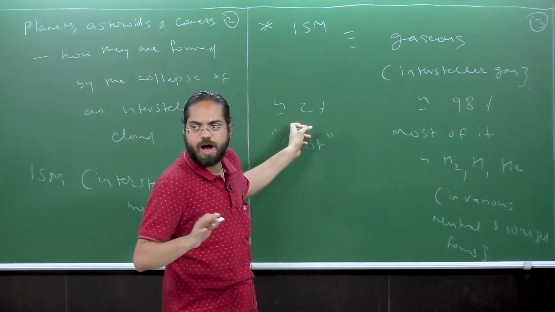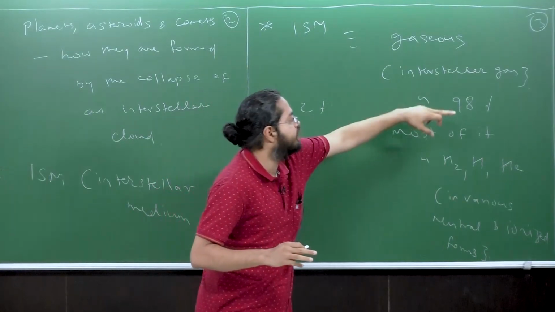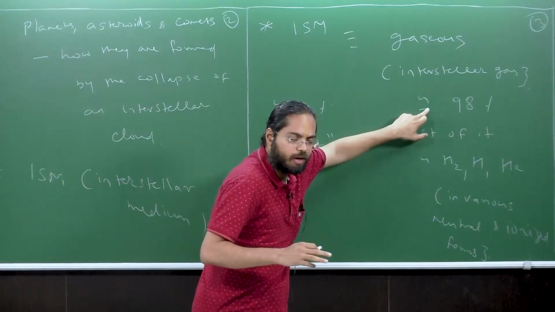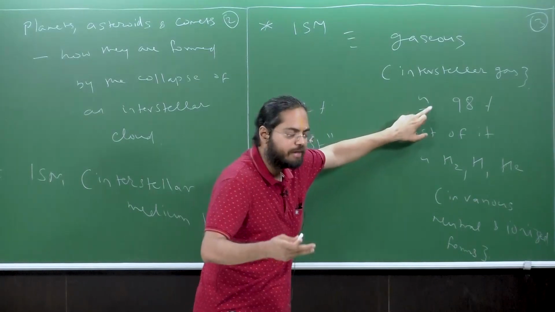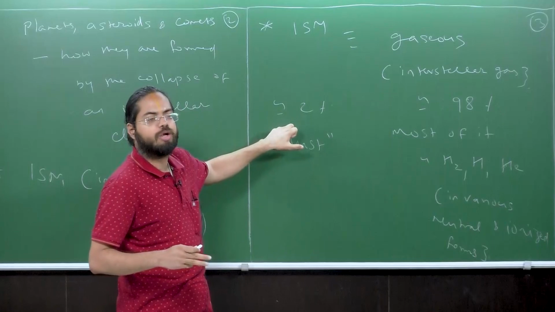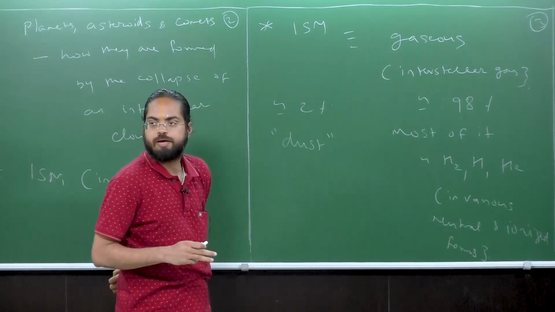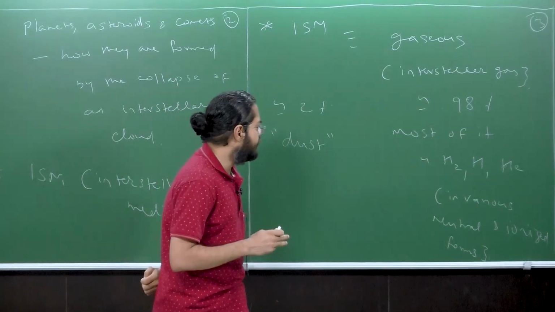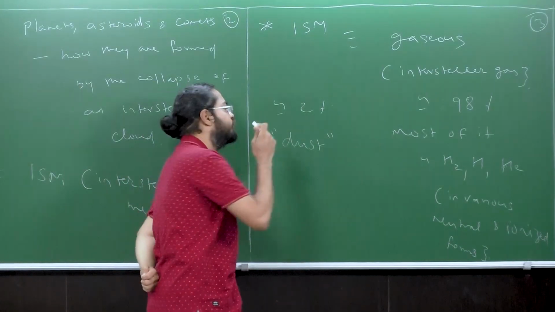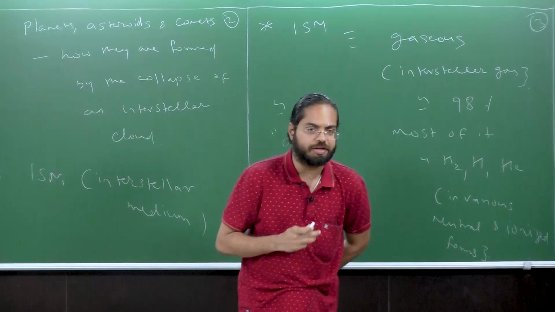Okay, are we clear? So 98% of the interstellar medium is in the gaseous state, and 2% is going to be in the solid state, and we call it interstellar dust. So the constituents of this dust is actually very interesting.